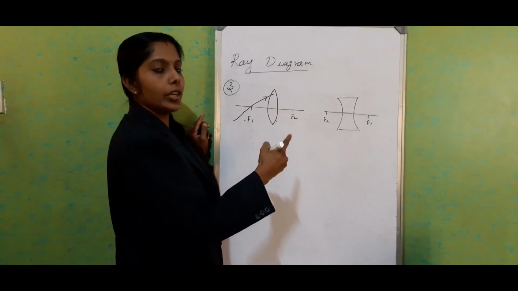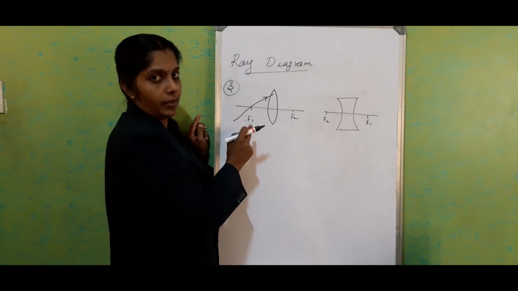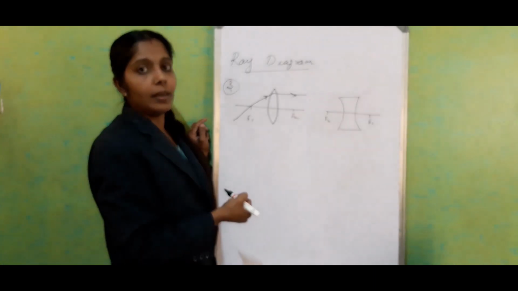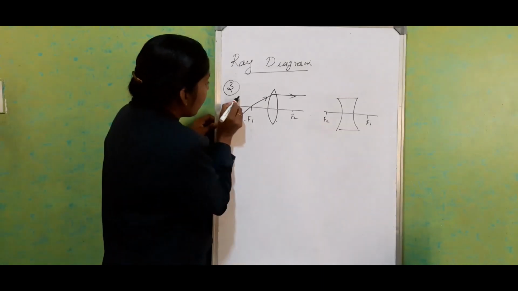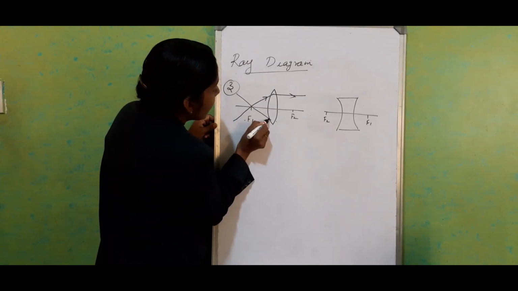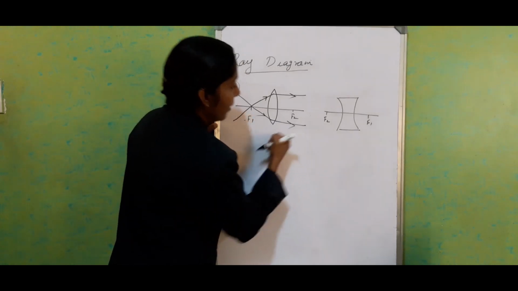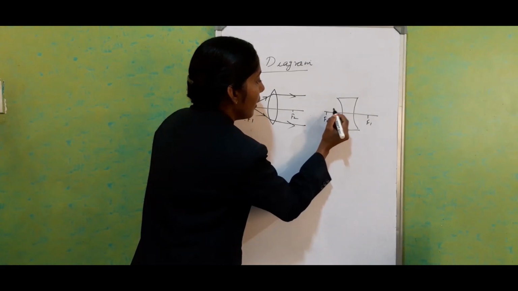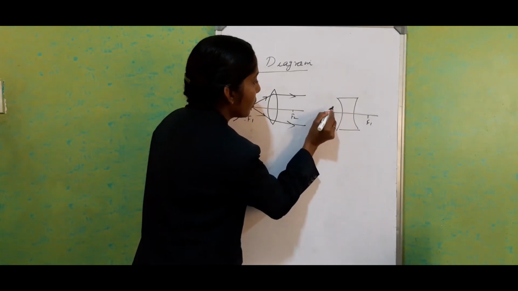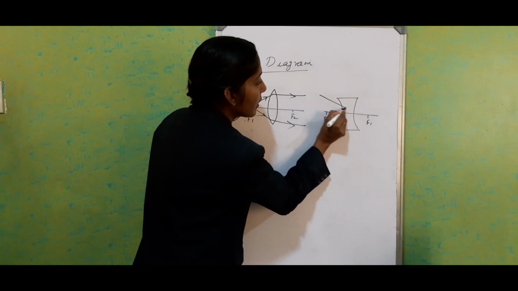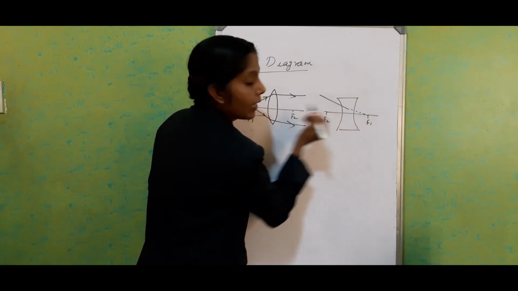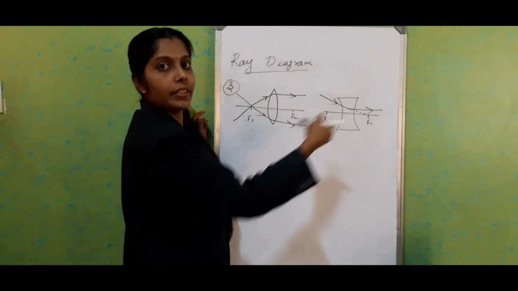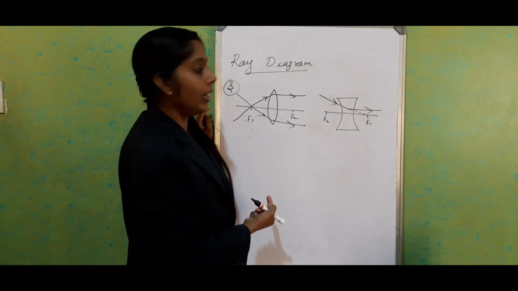After refraction, a ray passing through the first focus will be parallel to the principal axis. If you draw a ray in this direction, it will strike over here and go parallel like this. For concave, here also the ray which is passing toward the first focus, if we extend it, it goes like this way, and after the refraction it will be parallel to the principal axis.